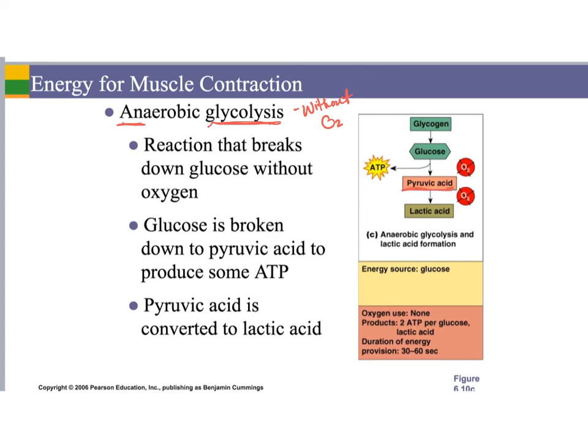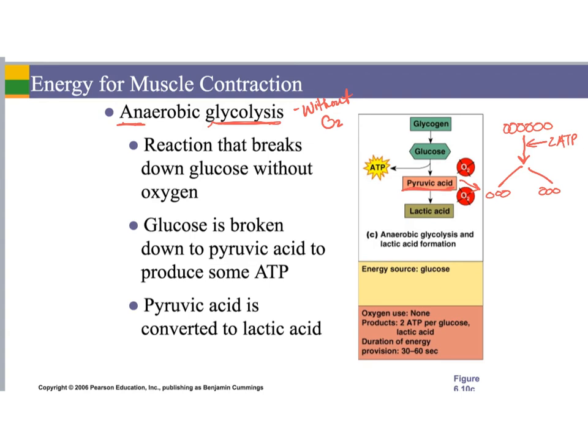So we start out with the 6-carbon glucose, right? And it is broken down. We have to input our 2 ATP molecules. It's broken down into 2 3-carbon pyruvic acid molecules, right? That's this right here. We don't need oxygen for that. We just need ATP to break it down. Instead of being broken down into the 2 acetyl-CoA and moving on, this is still happening out there in the cytoplasm.